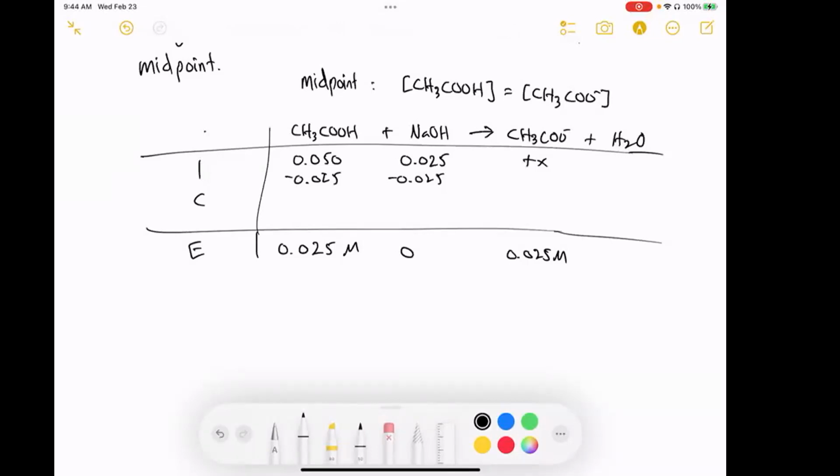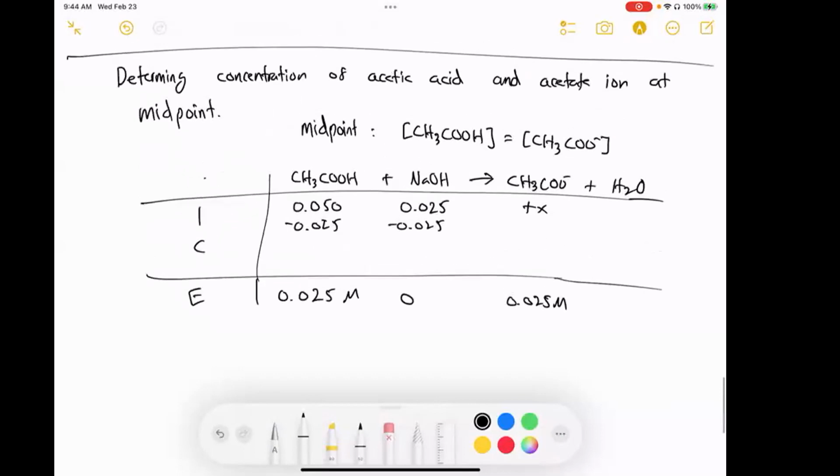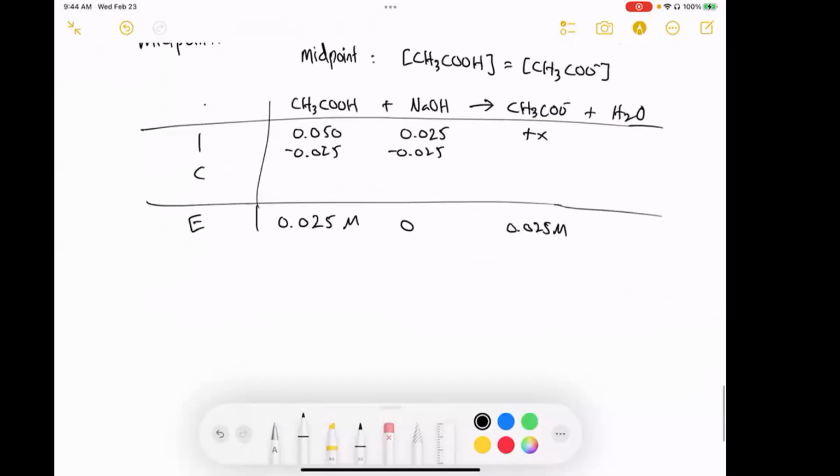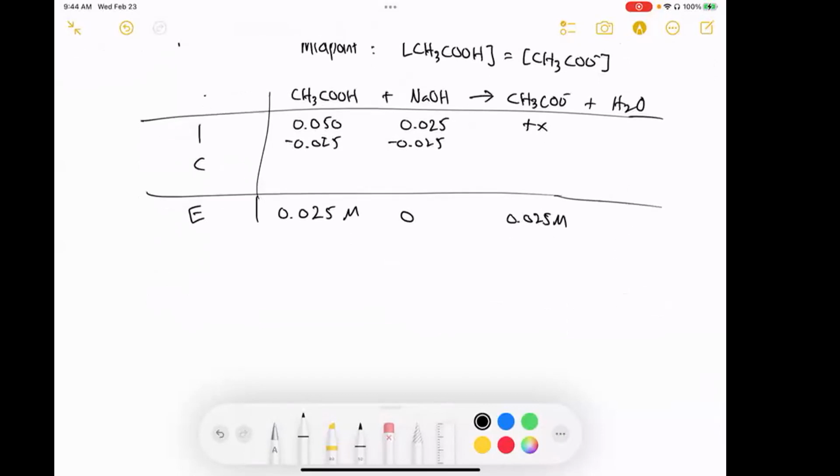So then it gets a little complicated, because now the pH is complicated by the fact that you now have two things going on.